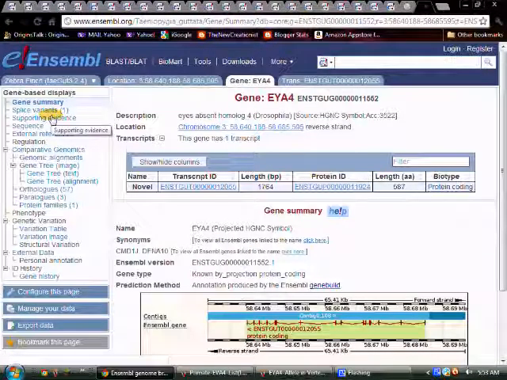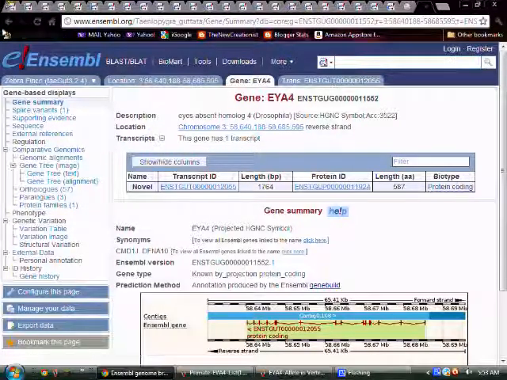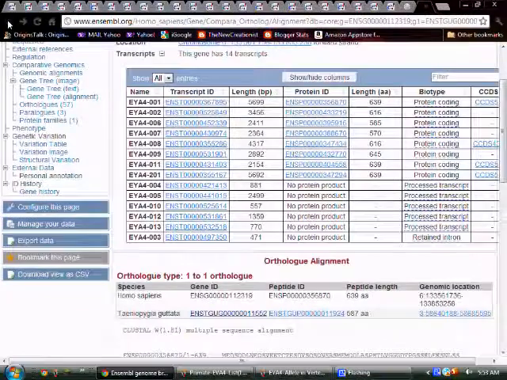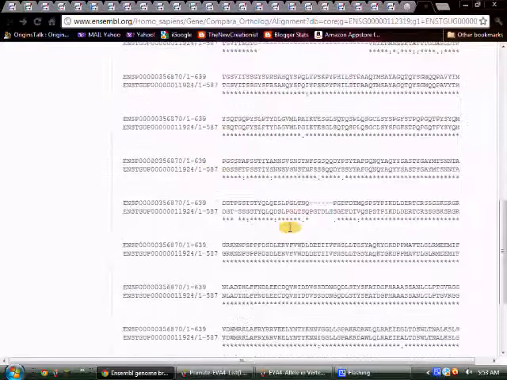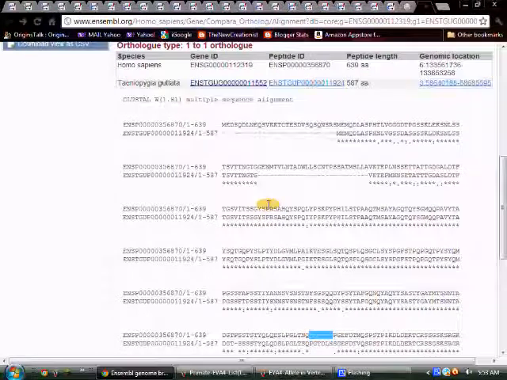Zebra finch does have the insertion. That's interesting. That's very interesting. Okay. Right here for zebra finch.